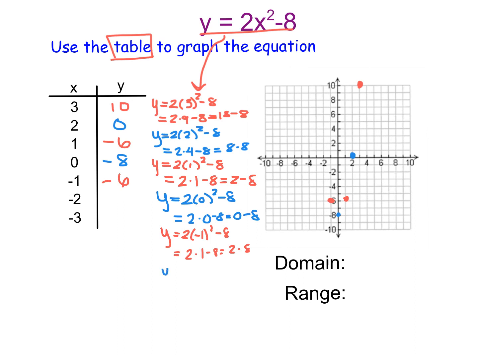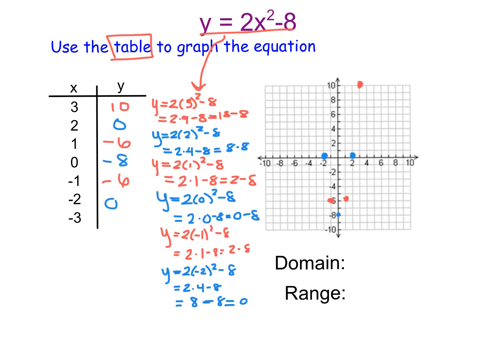And then from here, y equals 2 times -2 squared minus 8. So I have 2 times 4 minus 8, which will be 8 minus 8, which is 0. So we end up with -2, 0 there.